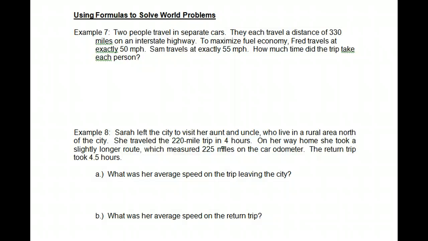They each travel a distance of 330 miles on an interstate highway. To maximize fuel economy, Fred travels at exactly 50 miles per hour. Sam travels at exactly 55 miles per hour. How much time did the trip take each person?